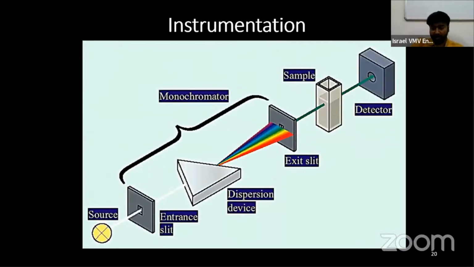In the fluorescence spectrometer, there are two monochromators, both perpendicular to each other. The detector and the source are at right angles. The light hits the sample, comes back to the second monochromator, passes through that, and is collected by the detector.